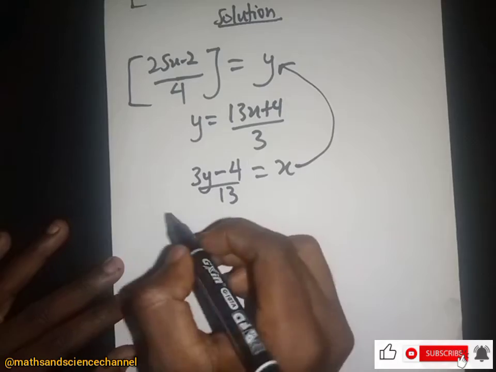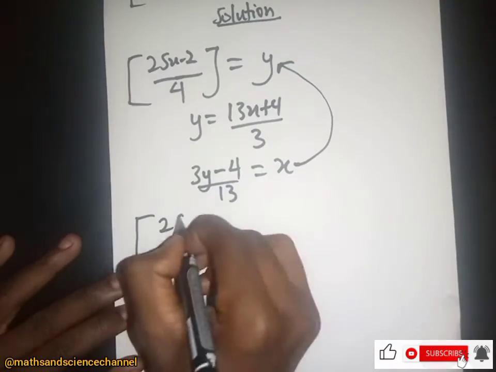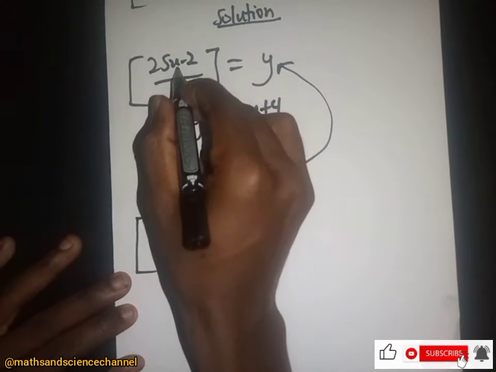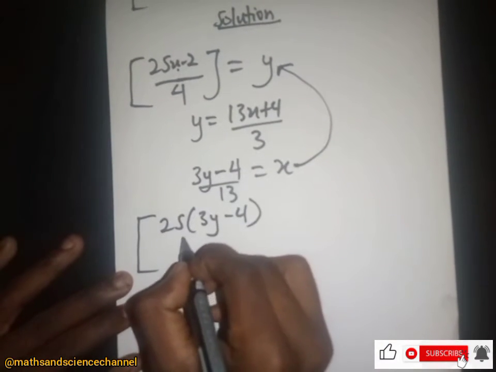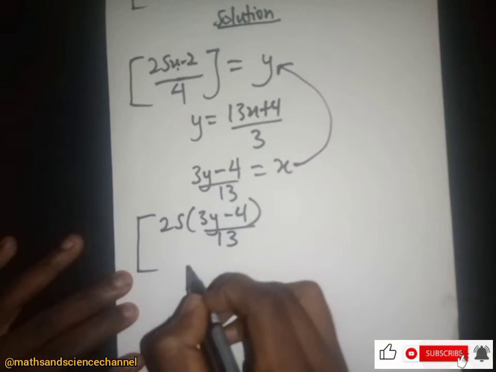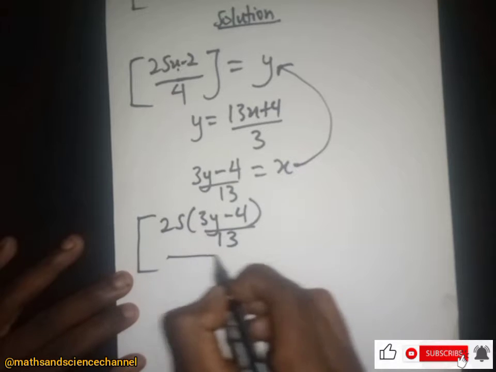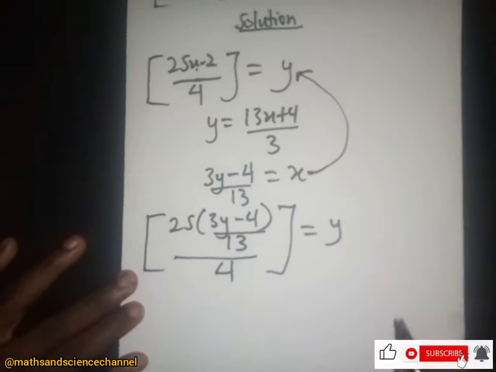So let's do that. We have 25, now x here is just (3y minus 4) divided by 13, but all of this divided by 4, being equal to y.